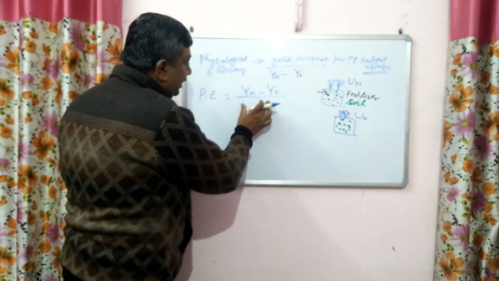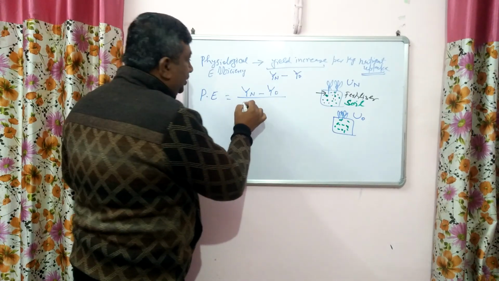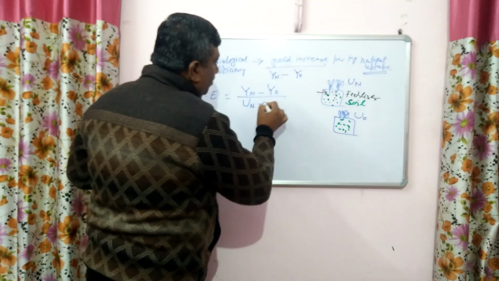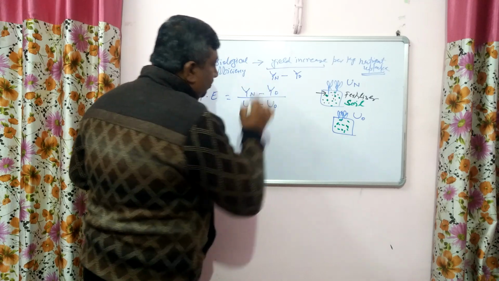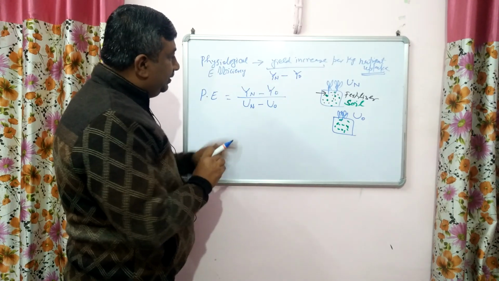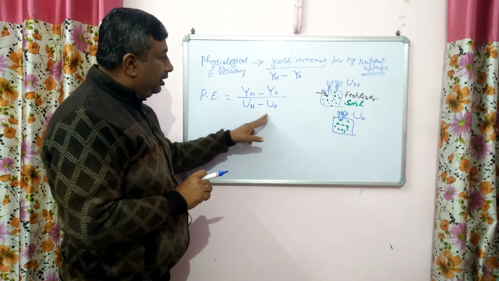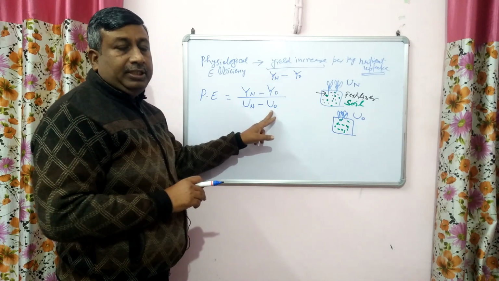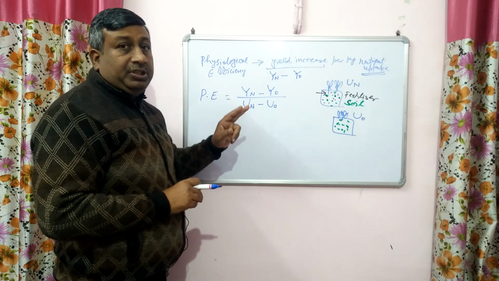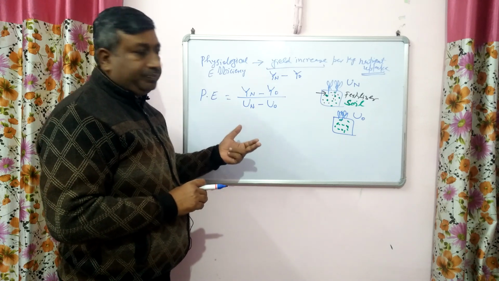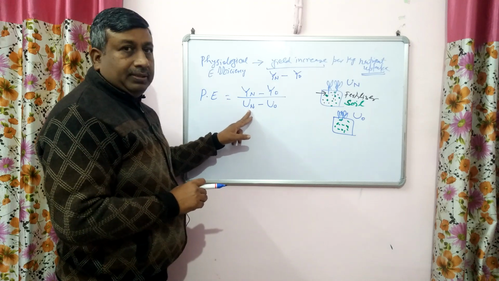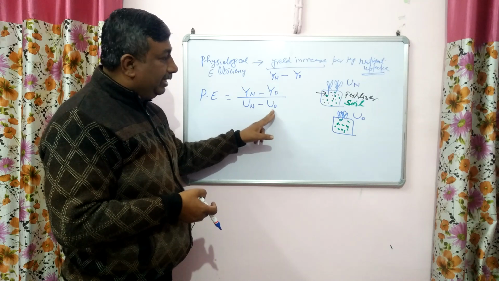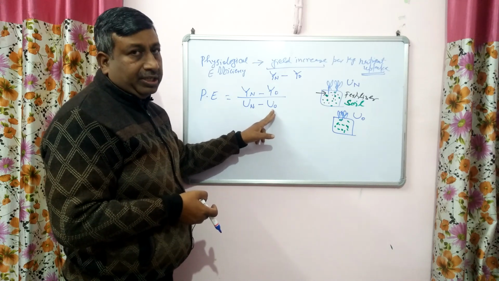So UN minus U0 means nutrient uptake from fertilized plot minus nutrient uptake from unfertilized plot, where there is only soil contribution. So this difference UN minus U0 indicates the amount of nutrient which is absorbed only by fertilizer, because UN contains the nutrient uptake from fertilizer and soil, while U0 has only the soil contribution.